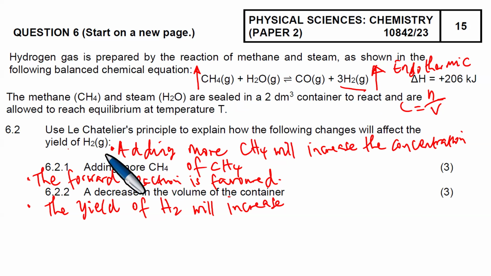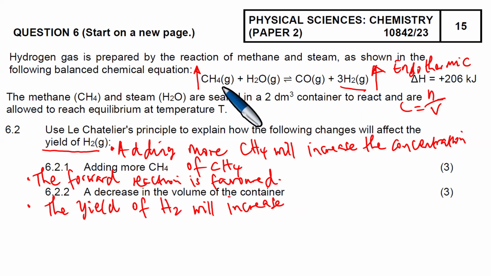This is the explanation. Because the examiner is saying, tell us about the yield of hydrogen, because somebody adds more of the CH4. Adding more CH4 will increase the concentration of CH4. This is the sentence. Now, we understand that.